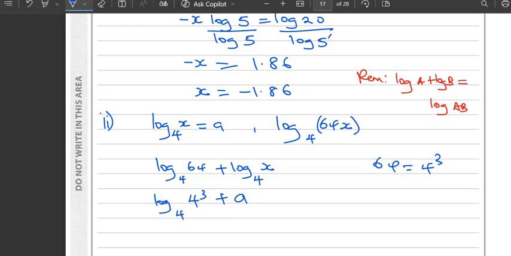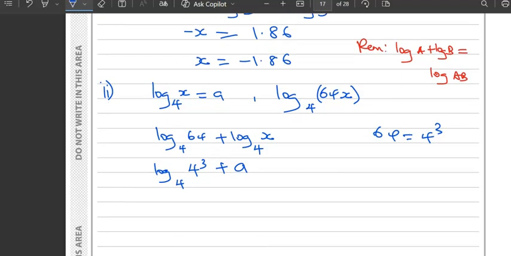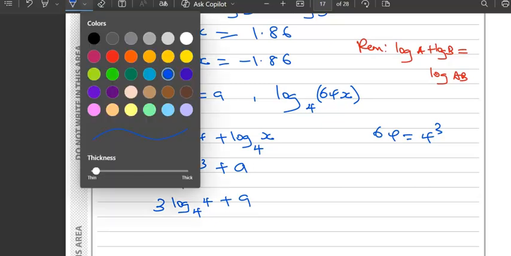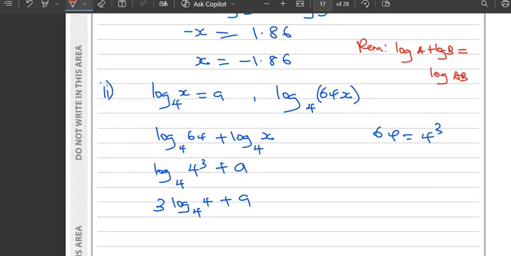Here, taking this 3 as the coefficient of the log, we'll have 3 log of 4 to base 4 plus a. And still recall that the log of a number the same as its base is just equal to 1.